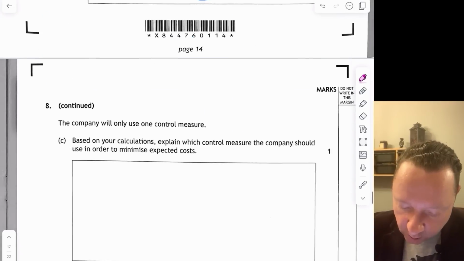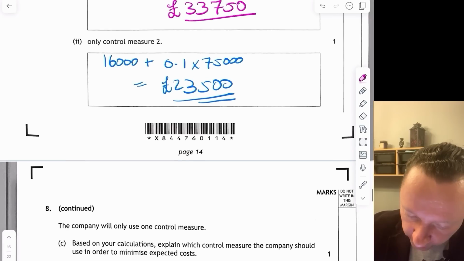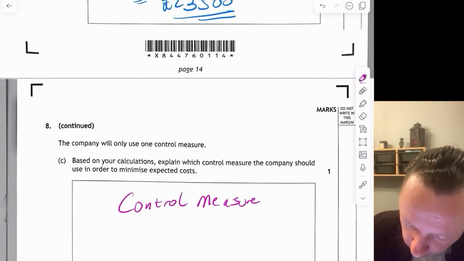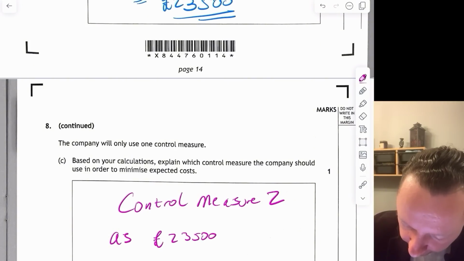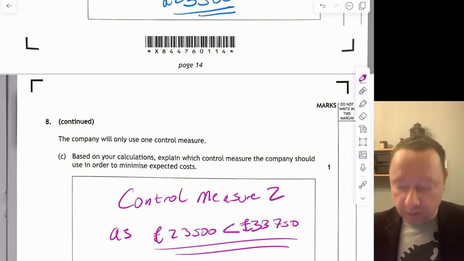So to minimise expected costs, we should use control measure 2, as 23,500 is less than 33,750. It's actually also less than the expected cost if you do nothing. So there you go.